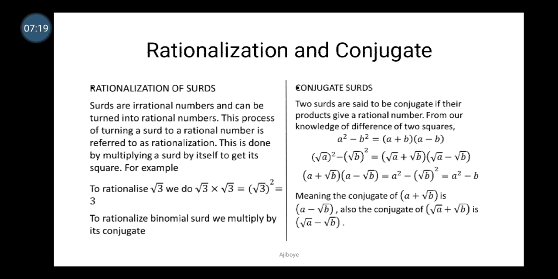So meaning the conjugate of a plus surd b is a minus surd b. Also, the conjugate of surd a plus surd b is surd a minus surd b.